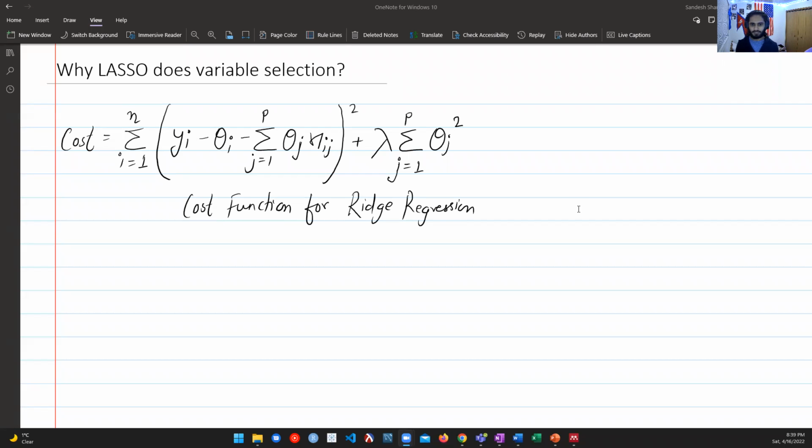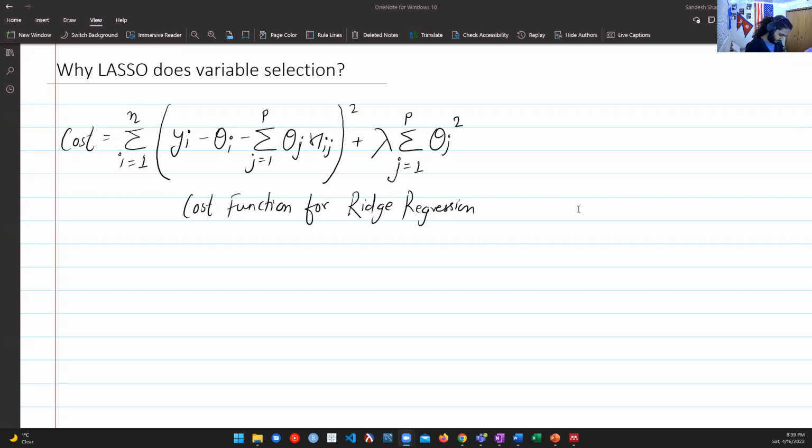So here on my screen, as you can see, is the cost function for ridge regression, as we are familiar with. Now, for simplicity, let's suppose we have one observation or one instance and only one variable. So the equation is going to change a little bit.